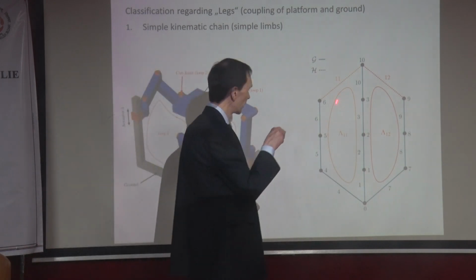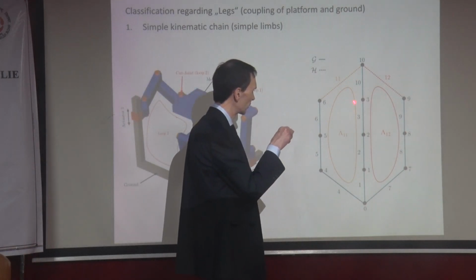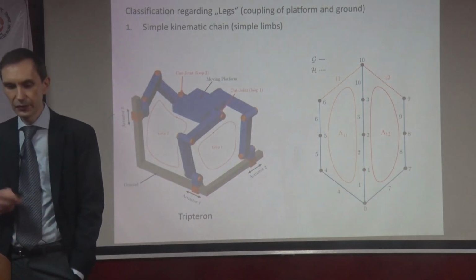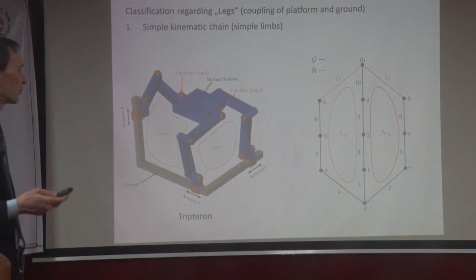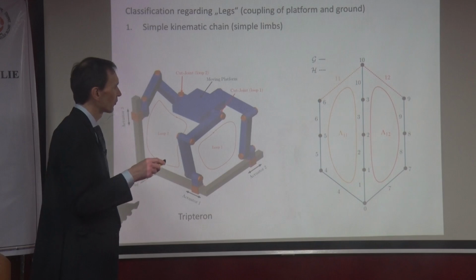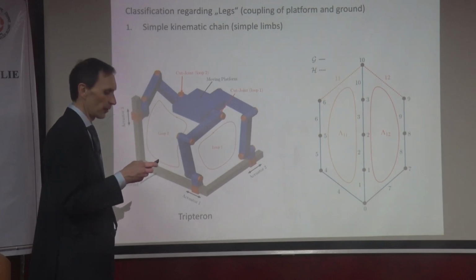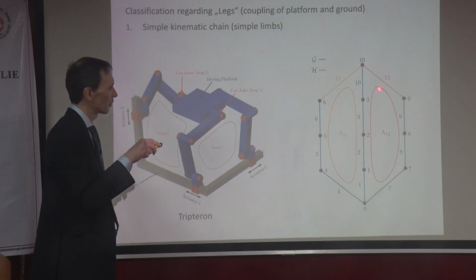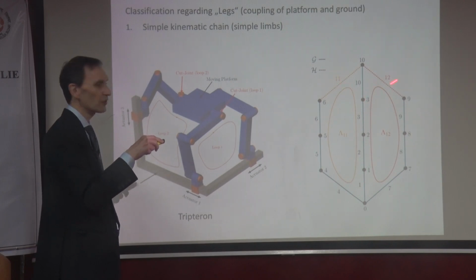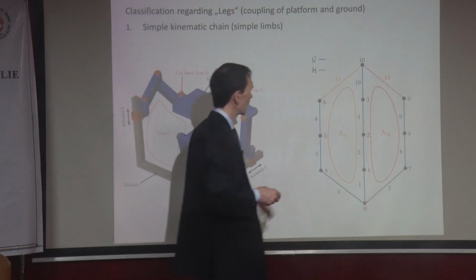I mean, you can have this loop instead of the yellow one, and then still you have 2 loops. So the number of loops is unique, but the loops themselves might not be unique. Anyway, so then what you could do is to say, okay, I define so-called cut joints.